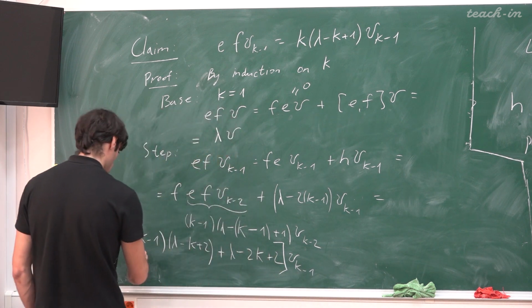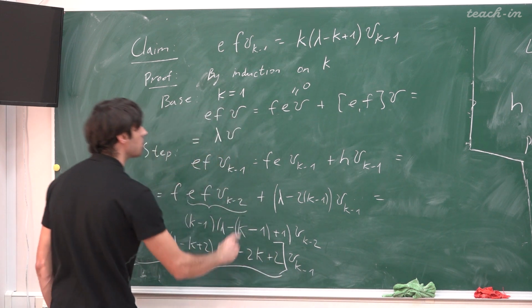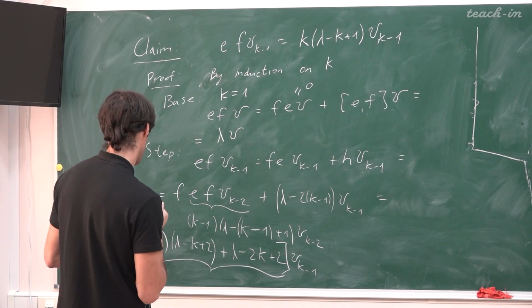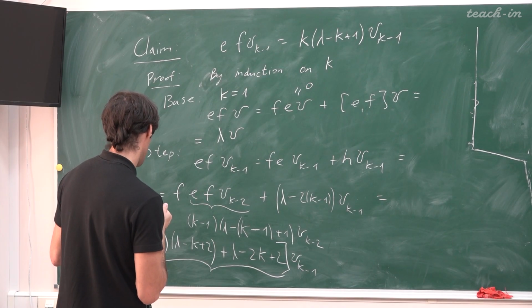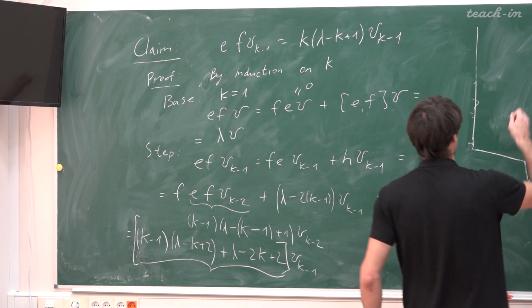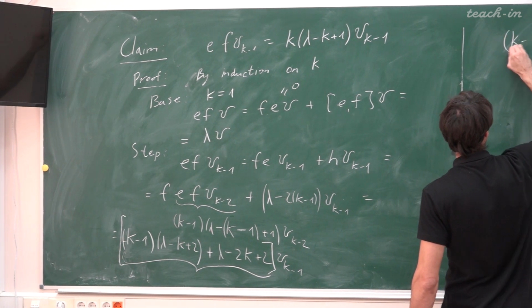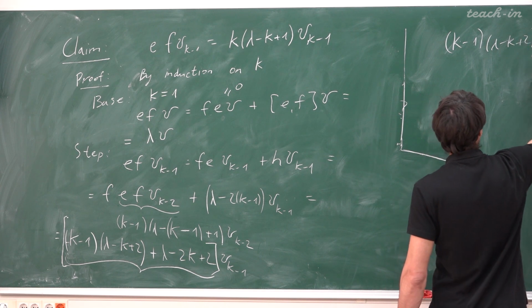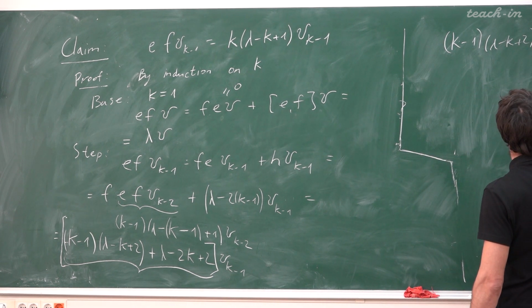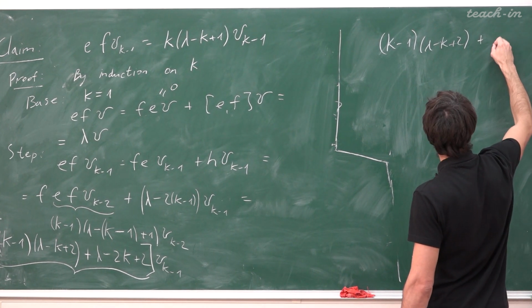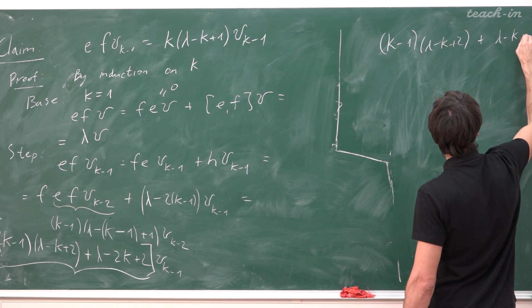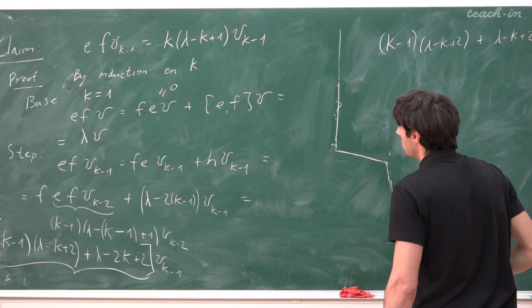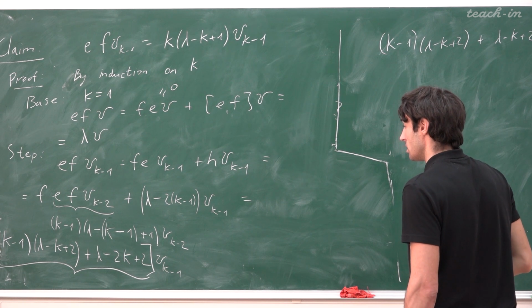So I just need to check that this thing equals this. I would like to have k minus 1 times lambda minus k plus 2, plus lambda minus k plus 2, right?